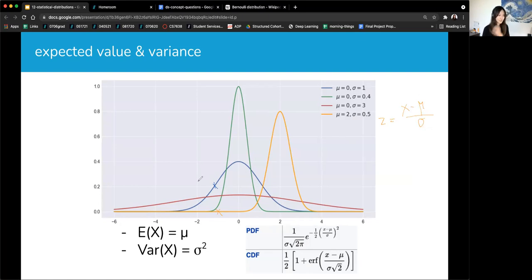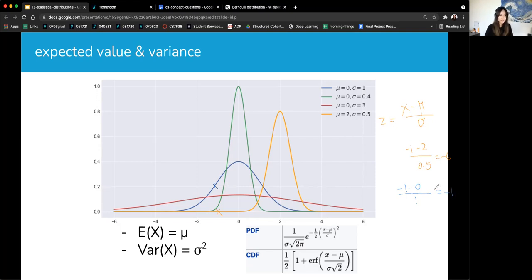Whichever x you're using, you have to use the mu and standard deviation from that distribution. So for this yellow guy, x is -1, mu is 2, because here the mean is 2 and the standard deviation is 0.5. So -1 minus 2 divided by 0.5, the Z-score is -6. For this blue guy, x is again -1, minus mu, which in this case is 0, divided by the standard deviation of 1, we end up with -1.